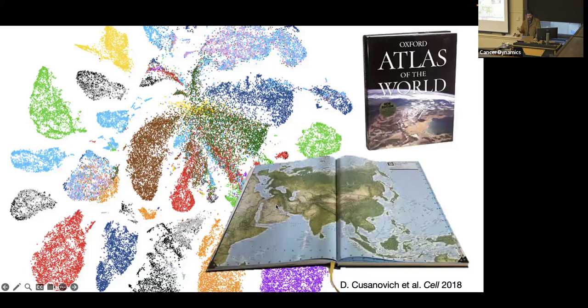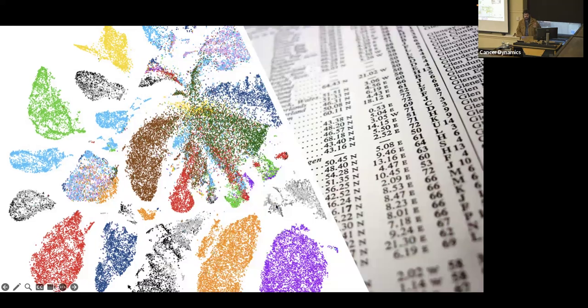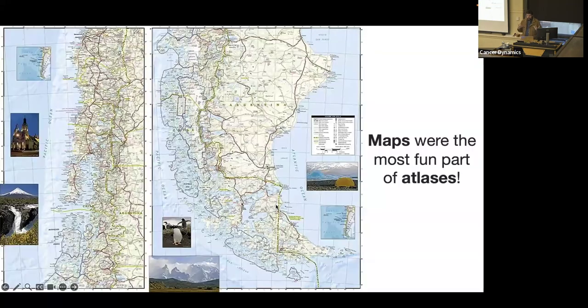To me, one of the things that is missing from these single cell sequencing atlases, and I know many of you are working hard on improving this, is that it really seems to be a list of different cell types and different phenotypes that you get. That's kind of the most boring part of the atlas, which was the index at the end where you can find the different locations, right? But to me, the maps, the location where things find themselves, that's what is really interesting, right?